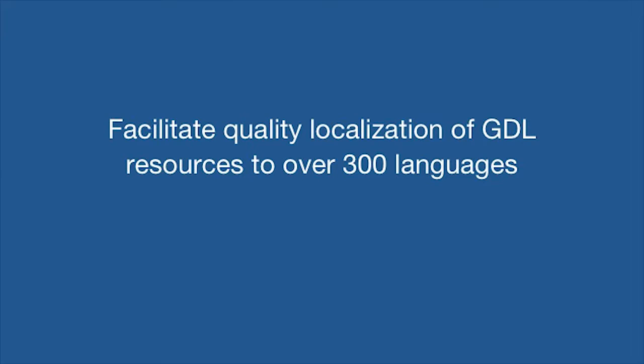In addition to taking in resources and then spreading them in 3 different ways, we also facilitate translation into 300 languages on our platform. This is not machine translation, this is human translation. Any teacher or parent can go into the platform, and instead of just downloading or reading the book, they can take a book and translate it from English into their own language and then use it themselves.